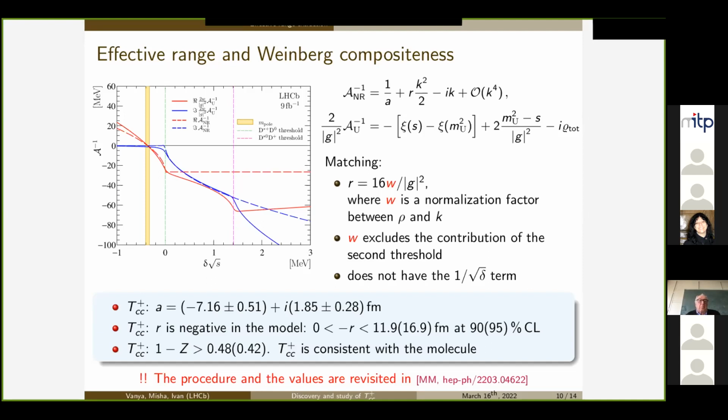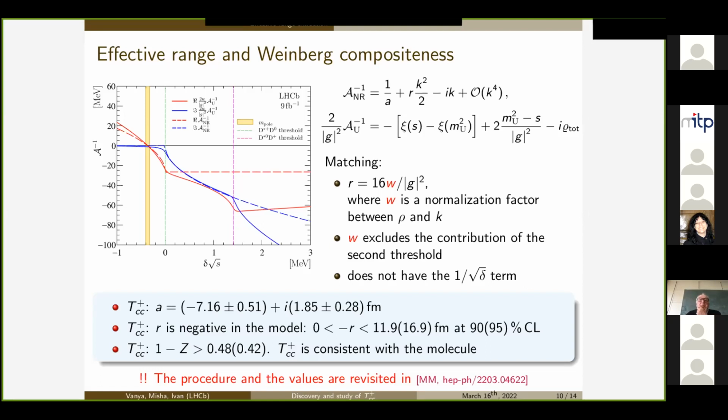We have another question from Eulogio, I think. Yes, without going away from this slide, I presume you use the standard Weinberg compositeness conditions to calculate the Z. It would be nice to look at it from a new perspective.